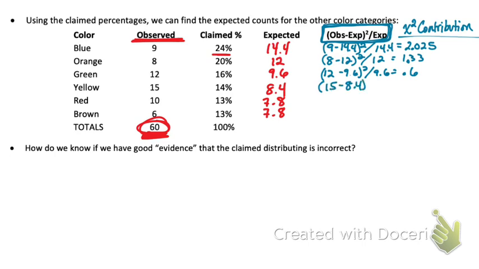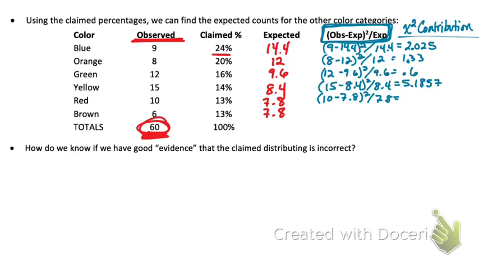What is the chi-squared contribution for yellow? 15 minus 8.4 squared divided by 8.4 is 5.1857. And the chi-squared contribution for red, 10 minus 7.8 squared divided by 7.8.